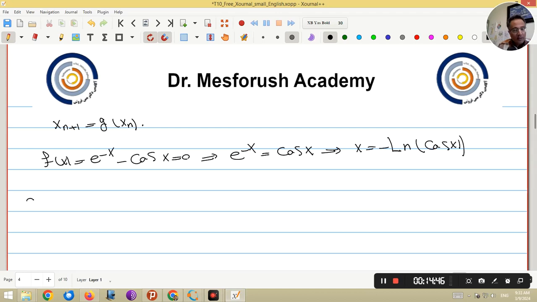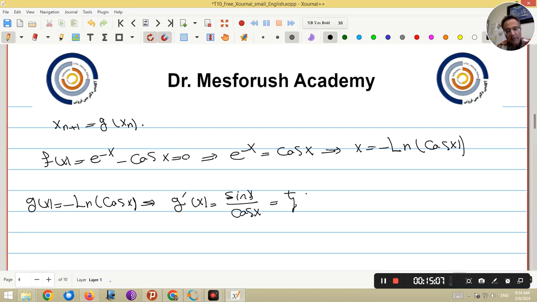Why? Because if you consider, for example, g of x equal to minus ln cosine of x, and you compute g prime of x, you will get sine of x over cosine of x, and it will be tangent of x.